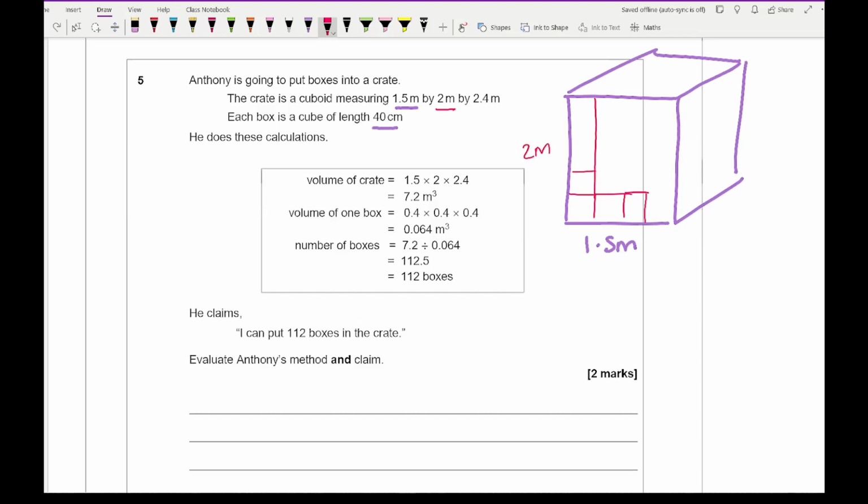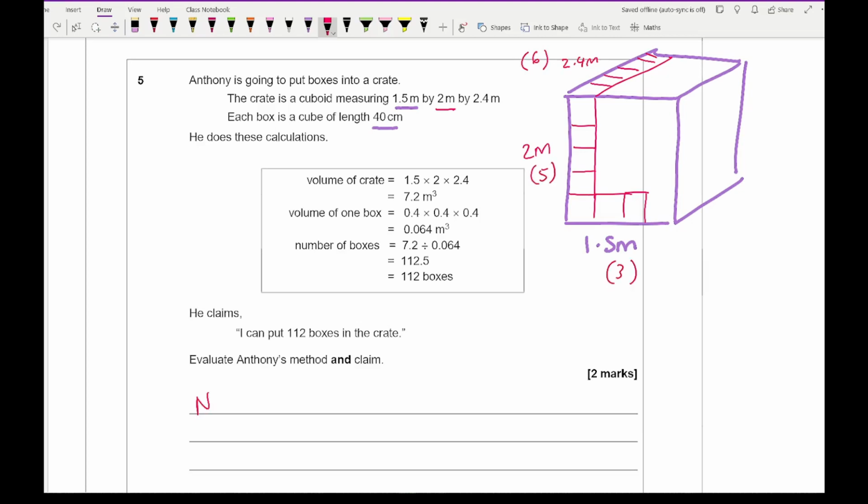So 2, 3, 4, 5, and that'll fit quite flush, and then we'll be able to fit 6 boxes going across. So if that's 2.4 meters, then I'll be able to fit 6 boxes going there. So that's going to be 6 boxes, this is going to be 5 boxes, and this is going to be 3 boxes.